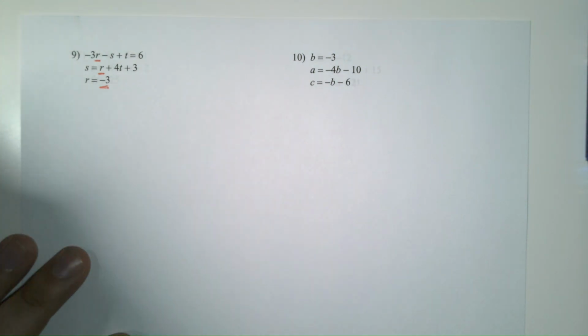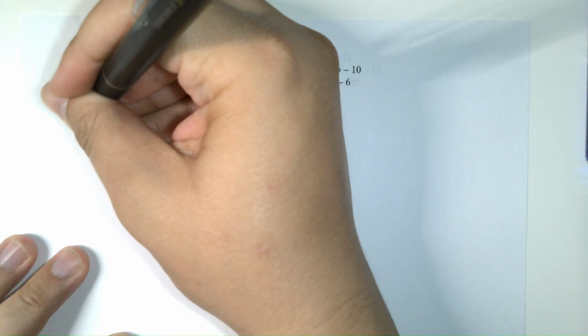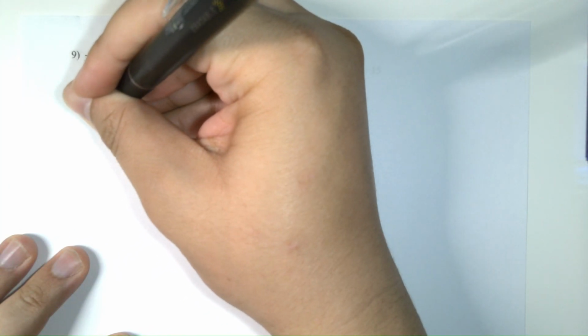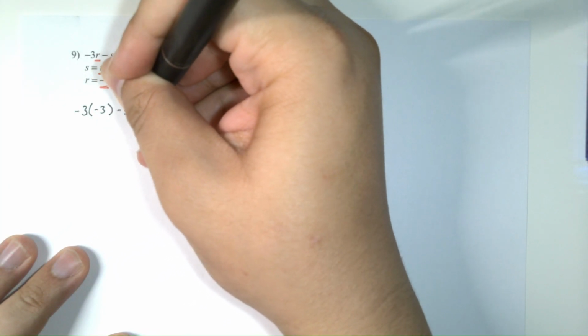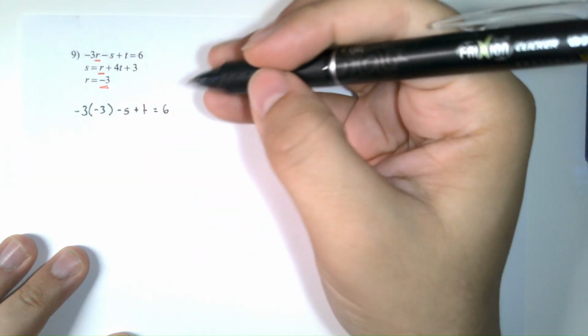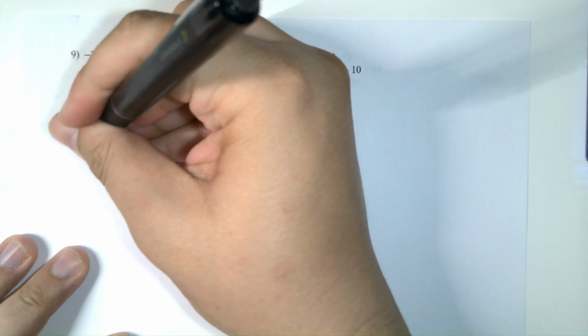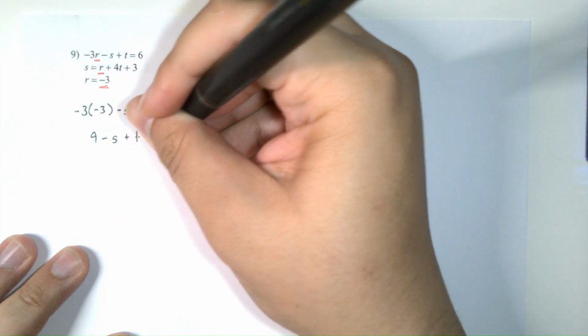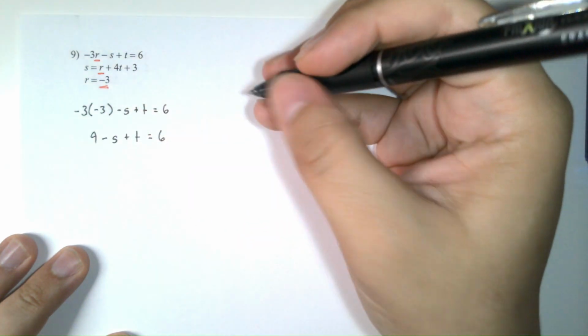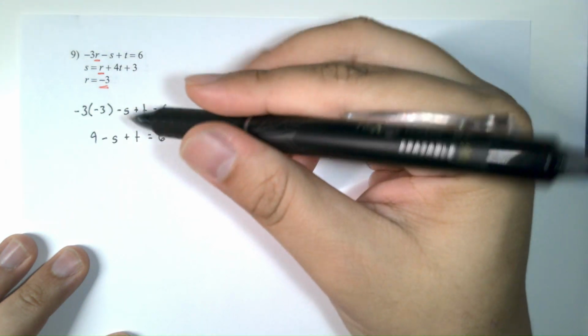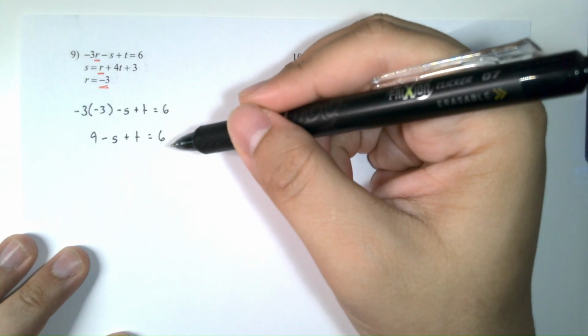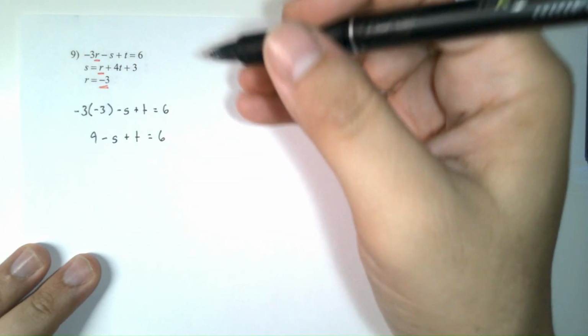For the first equation, we have -3 times -3 minus s plus t is equal to 6. If I multiply -3 times -3, that's going to be 9. I have minus s plus t is equal to 6. And again, I could move this 9 over to the other side, but it's not too important right now.